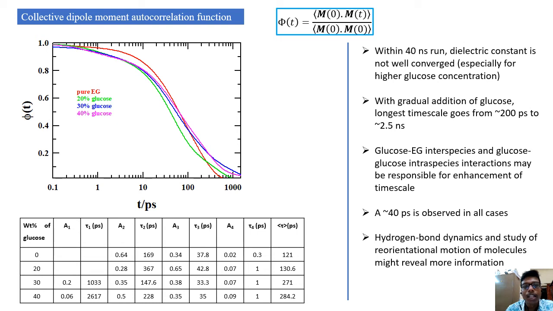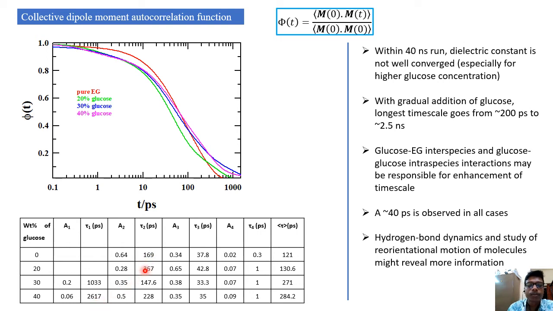For dynamical aspects, we have calculated the collective dipole moment autocorrelation functions. The timescales obtained here are comparable with the timescales obtained in dielectric measurements. Here we can see that the long timescale goes from 200 picoseconds to almost 2.5 nanoseconds.